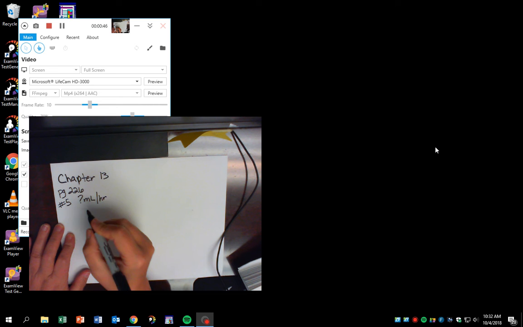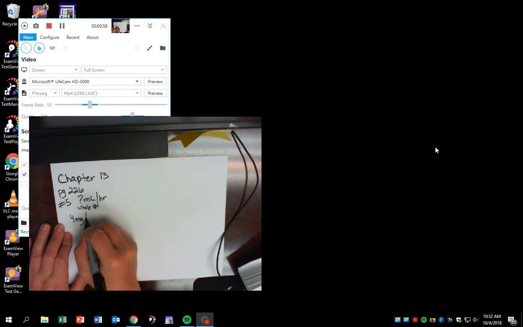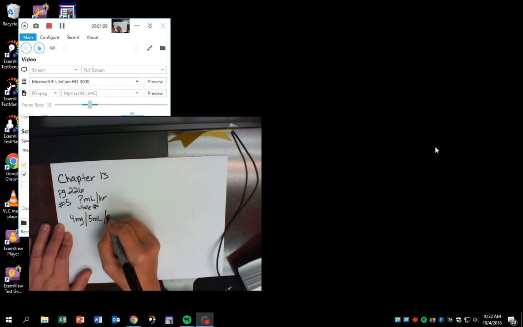Round the answer to the whole number. Number 5 tells us to infuse ondansetron 4 milligrams diluted into 5 milliliters of 0.9% sodium chloride over 5 minutes using an infusion pump.